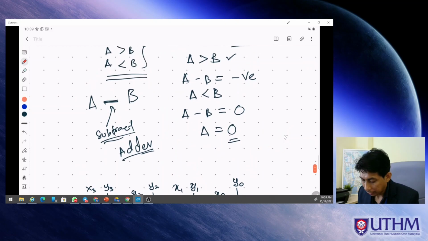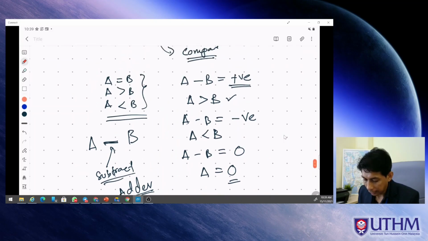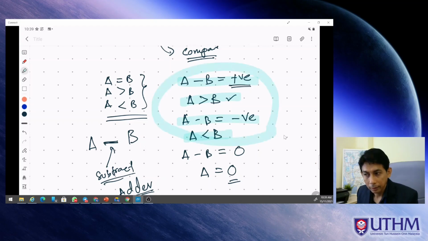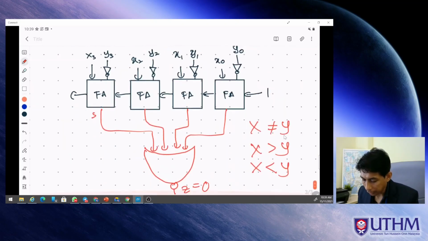Remember this is the key. If the result is positive, it means that X is more than Y. So how to know that the result is positive? We can use this line, the sign bit.